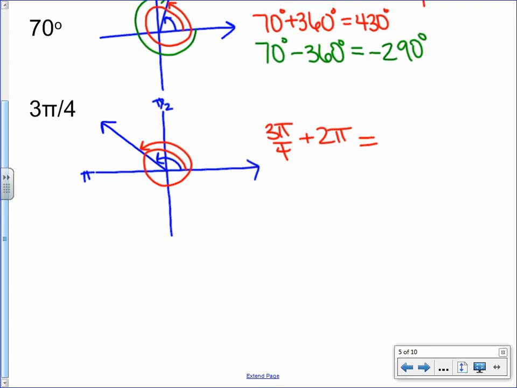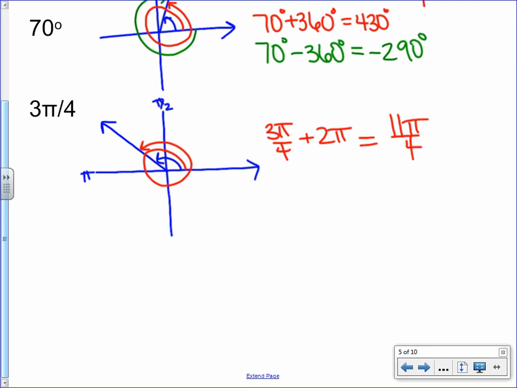And what would that new angle be? What would that red angle be? Great. 11 pi over 4.